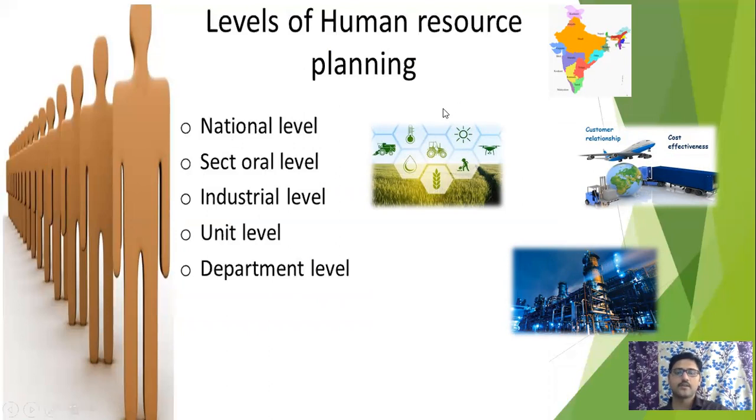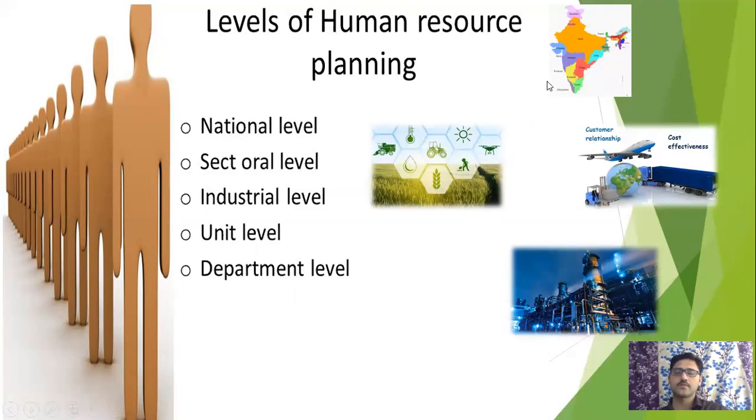Because you know that for agricultural sector, for industrial sector, and for service sector, the characteristics of each and every sector are different. So the way we will plan for agricultural sector, the same human resource planning may not work for industrial sector. The same kind of human resource planning may not work for service sector. So different kind of plan you'll have to formulate.